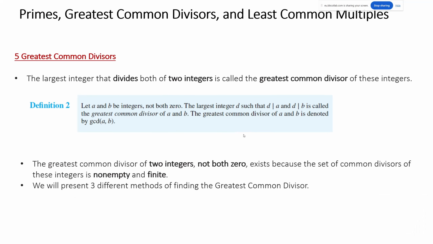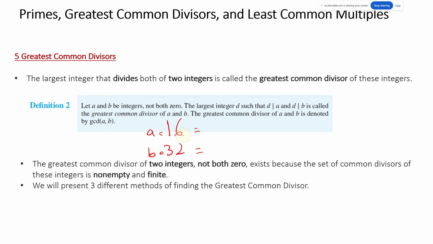What I was saying is 16 and 32. So this is a, this is b. Now how do I find the greatest divisor of the two? All I have to do is find the prime factorization of these.